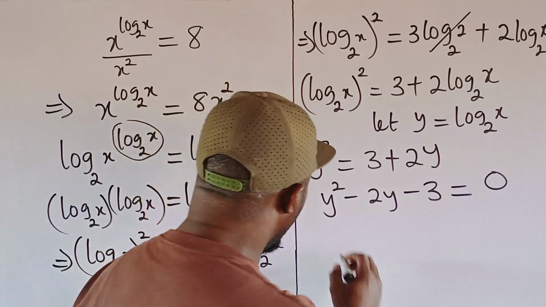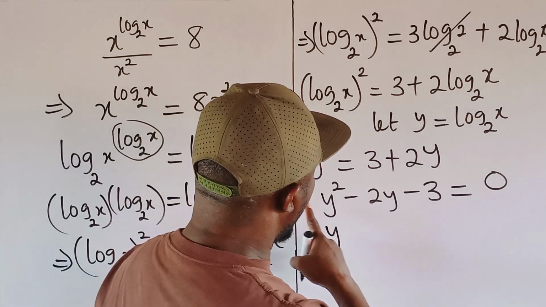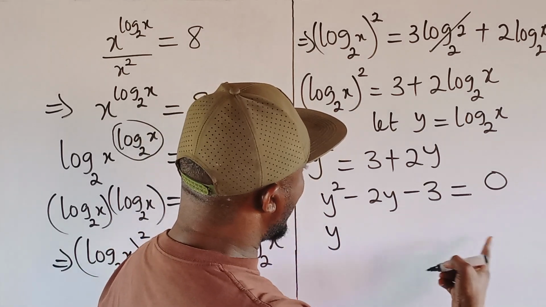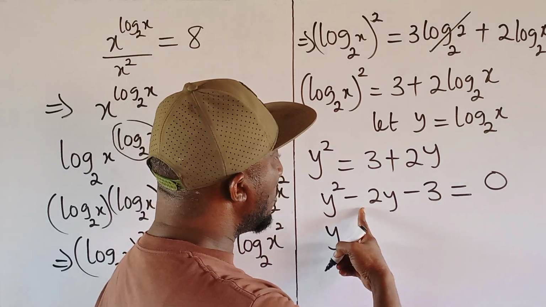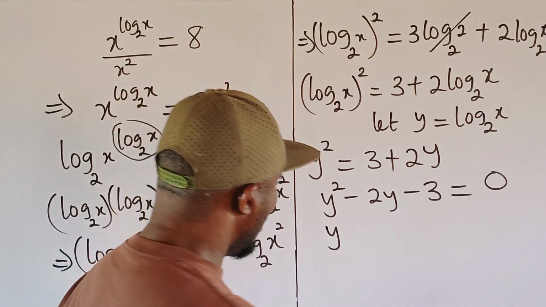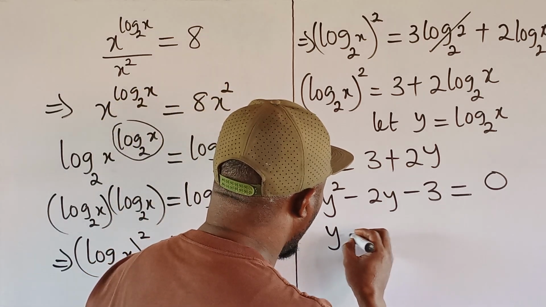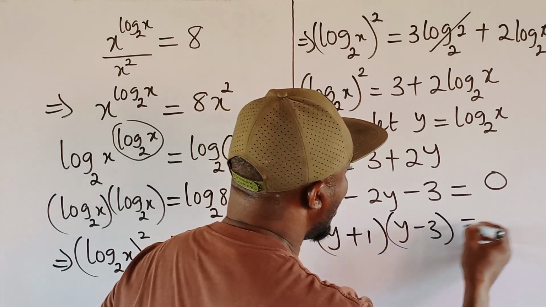So we're going to be having y, okay? I'm actually factorizing two factors of negative 3 that can be added to give negative 2. That should be 1 and negative 3. So that will be y plus 1, y minus 3 equal to 0.